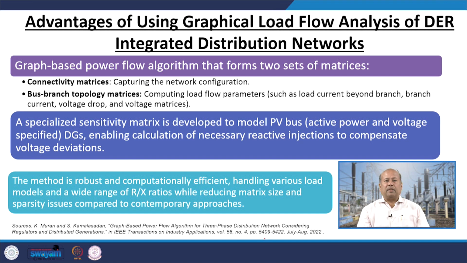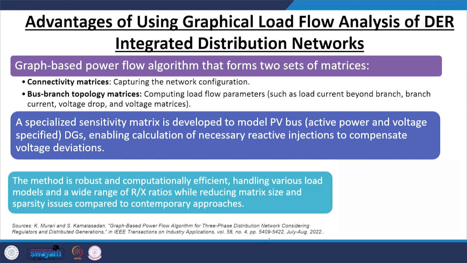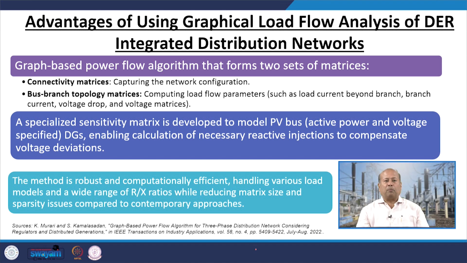Now, let us try to understand the advantages of using load flow analysis of DR integrated distribution networks. It is a graph based power flow algorithm that forms two sets of matrices. The first one is popularly known as the connectivity matrix, which captures the network configuration. And then the second one is the bus branch topology matrix, which computes the load flow parameters such as load current beyond branch, branch current, voltage drop, and voltage matrices.